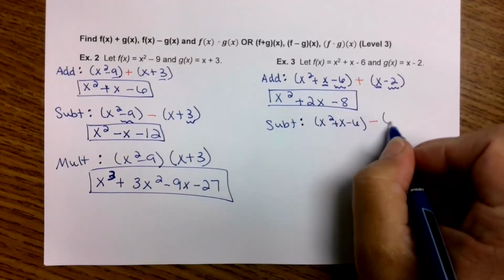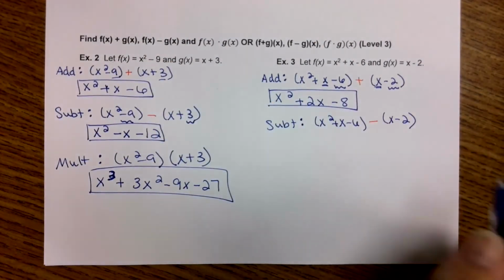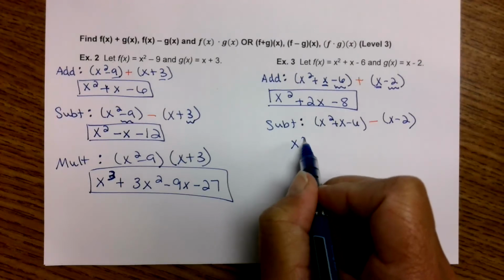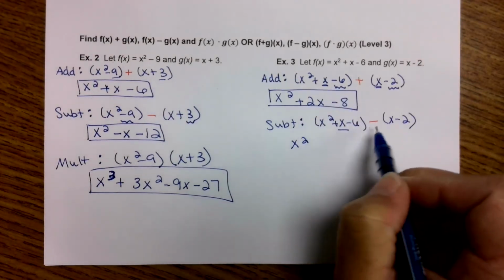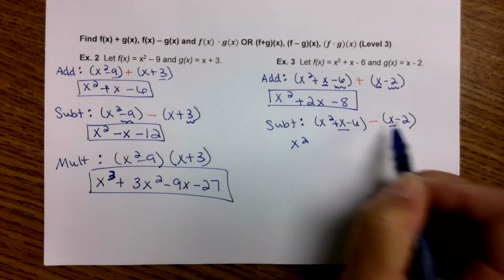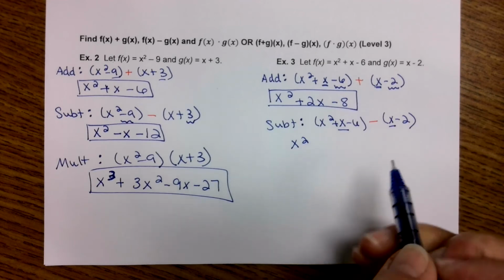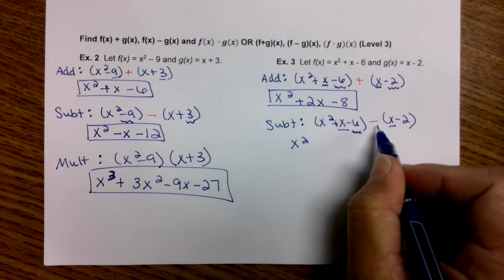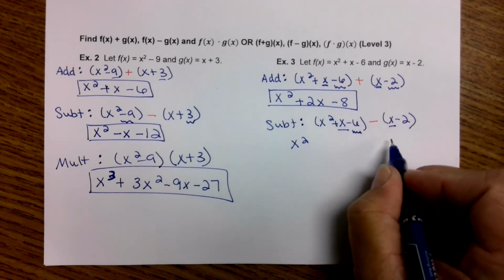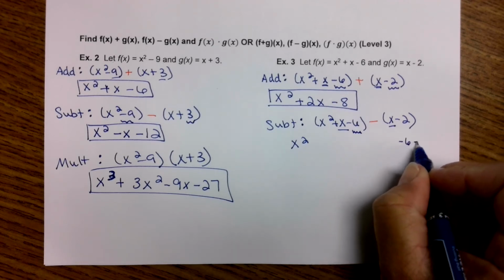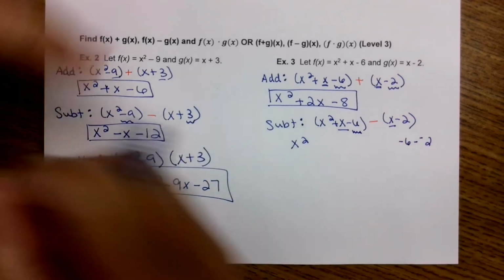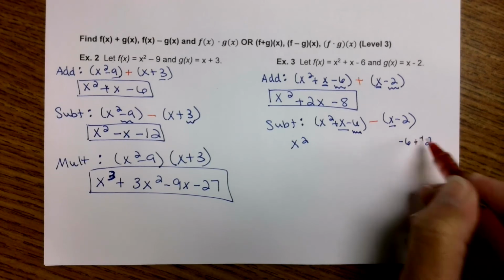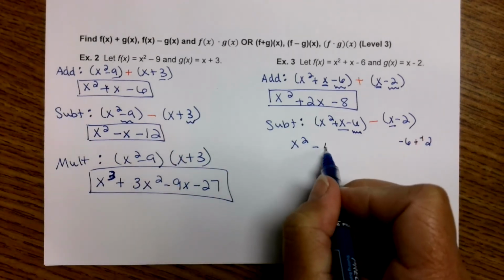Minus. No other x squareds. This is going to be x minus x. So x minus x means there's no x's. Negative 6 minus a negative 2, that turns into a positive. So we would get negative 4.